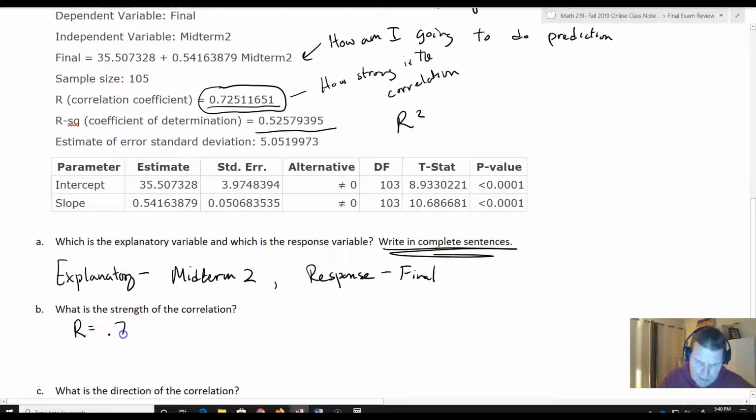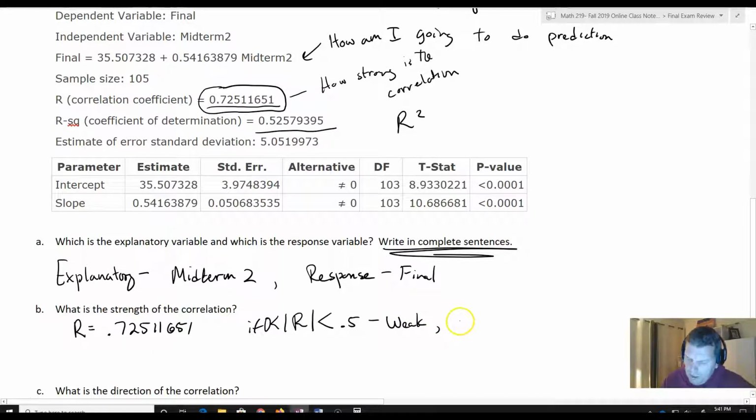It's 0.72511651. Now, what I'm going to say is, if the absolute value of r, that is, if we make it positive, because sometimes it's negative, is between 0 and 0.5, then it's going to be weak.